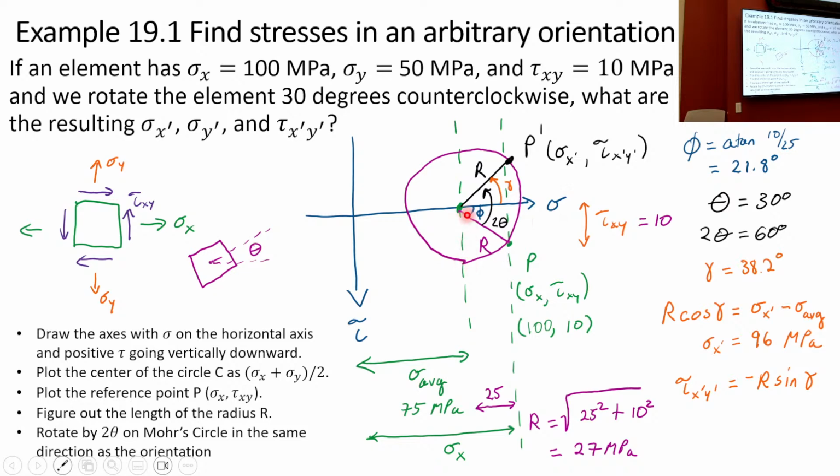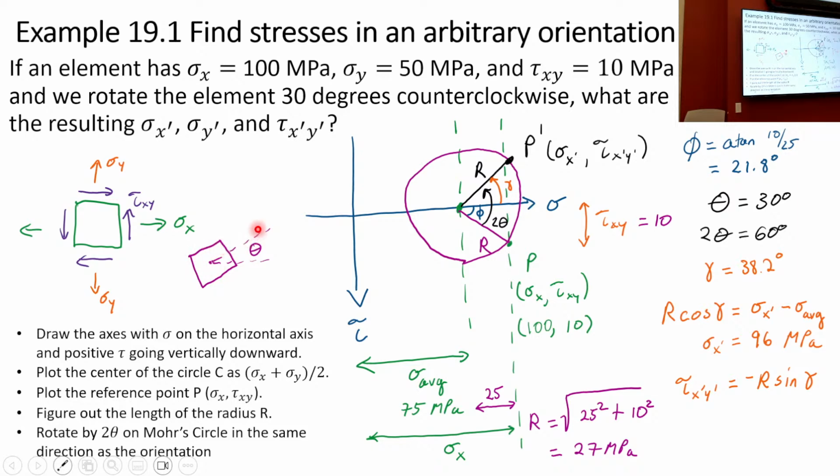If you're down here, that's where you have maximum in-plane shear stress, and that tau corresponds to that. So that's what R is in a physical sense: the maximum in-plane shear stress. But for the purposes of finding sigma x prime and tau x prime y prime, that's what it's used for with this relation. That's right.